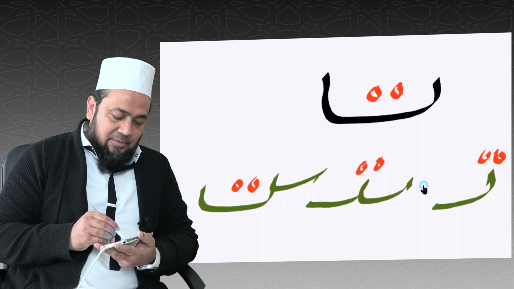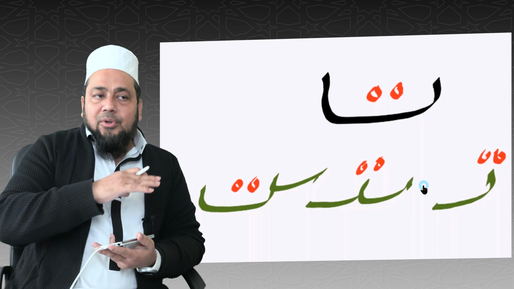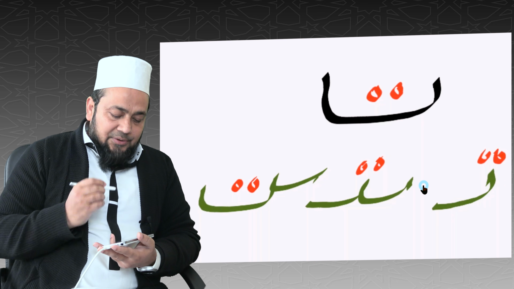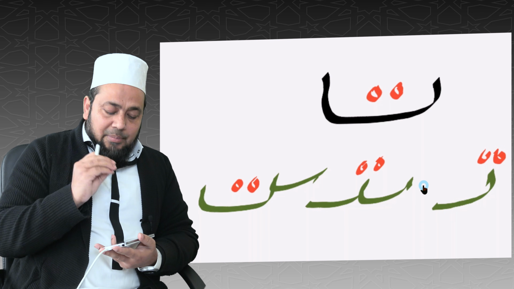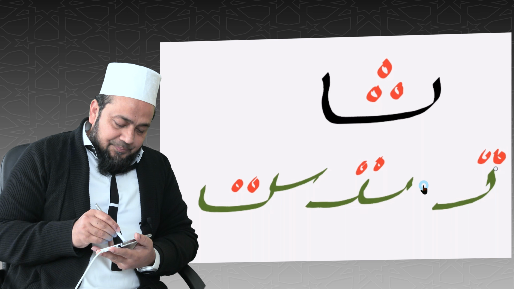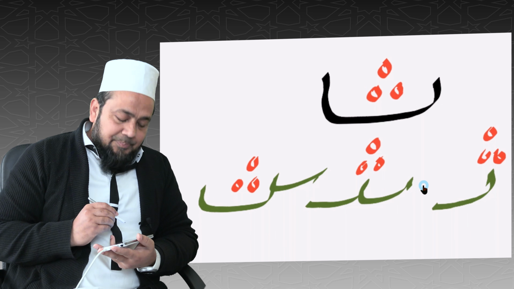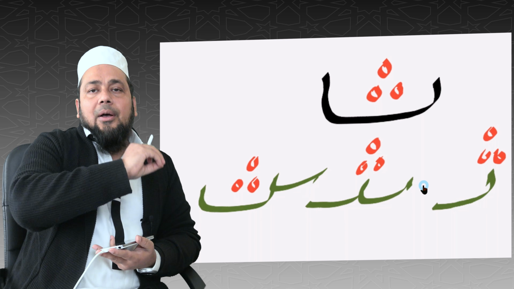Can you see? It's very easy. I'm not changing anything. I'm just changing dots, nothing else. Now I will make it the letter Tha by adding three dots, three Nuqta on the top. Now it's turned into the letter Tha.